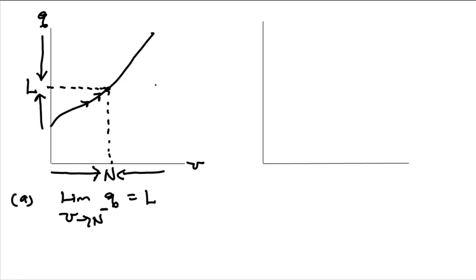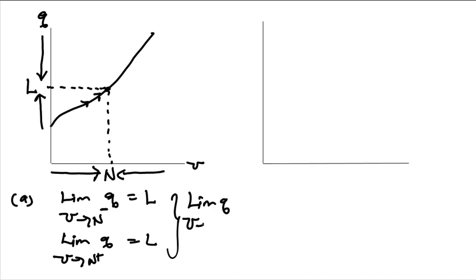That means the limit of Q when V approaches N from the right hand side is L also. So in this case, the limit of Q as V approaches N, without putting a plus or minus sign because it means from both sides, is equivalent to L.